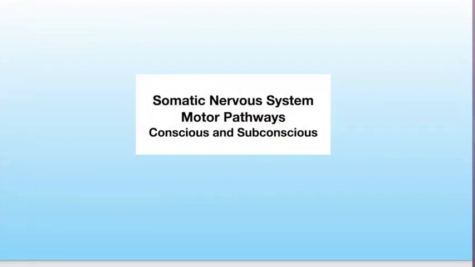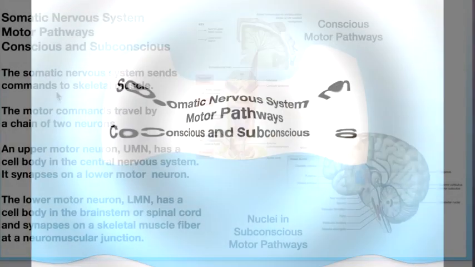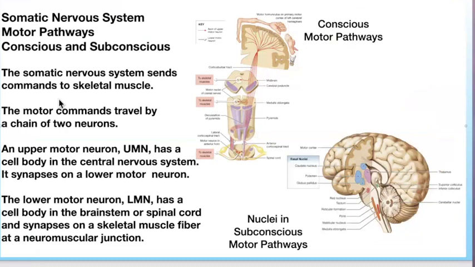All right. Somatic nervous system, motor pathways, conscious and subconscious. So the somatic nervous system sends commands to skeletal muscle. The motor commands travel by a chain of two neurons. An upper motor neuron has a cell body in the central nervous system.